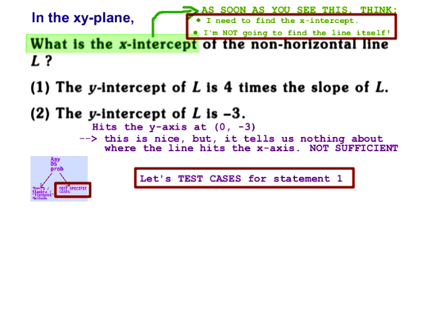So pick the slope of L. And then the y-intercept is going to be 4 times the slope.